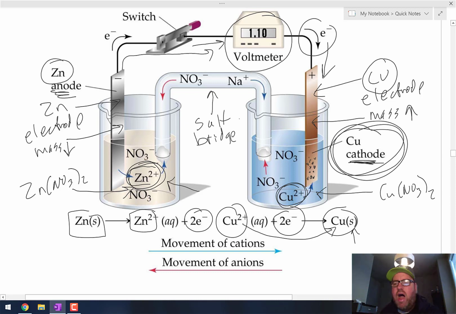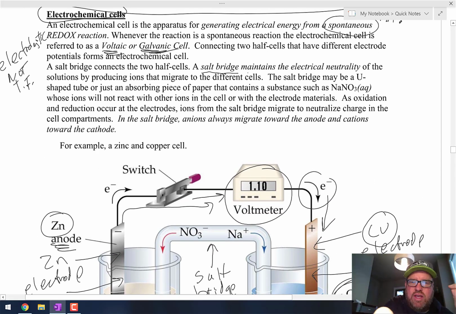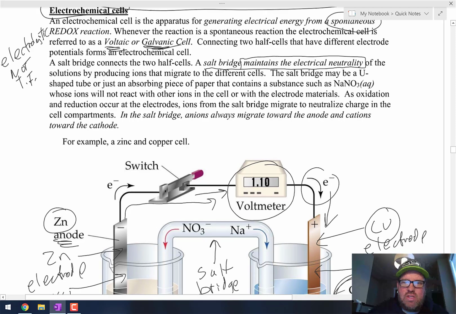The job of the salt bridge is to maintain the electrical neutrality of both solutions. Okay, what the heck does that mean? Maintain the electrical neutrality. Here it is right here. A salt bridge maintains the electrical neutrality of both solutions.